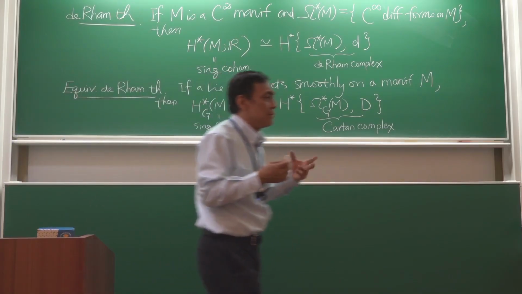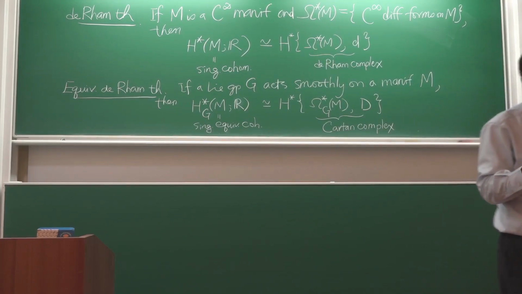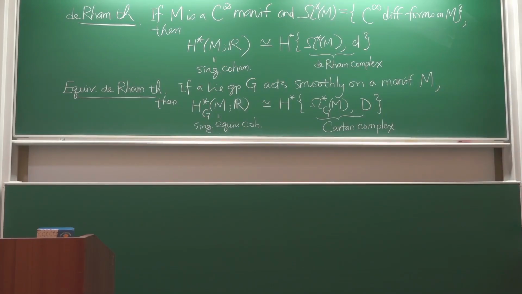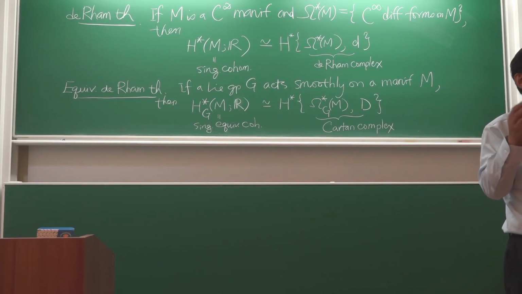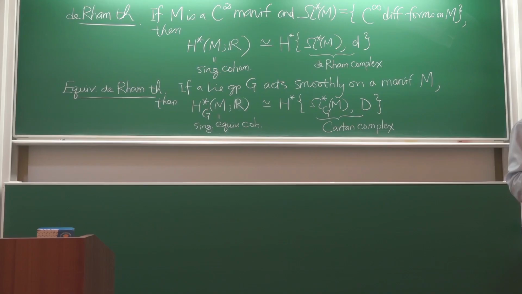Now, there are a couple of operations on differential forms that you have to know, which come towards the end of the book on manifolds. So I don't know if you all know it. They are interior multiplication and the Lie derivative.